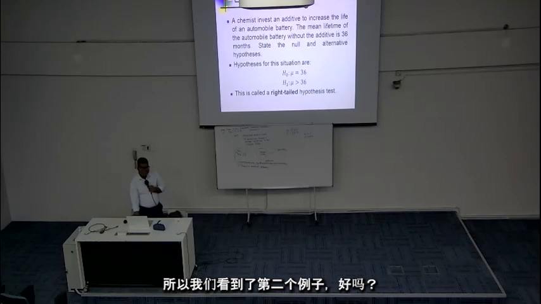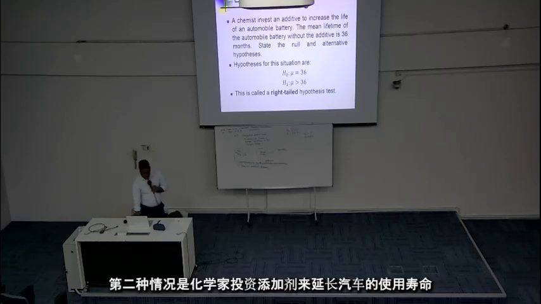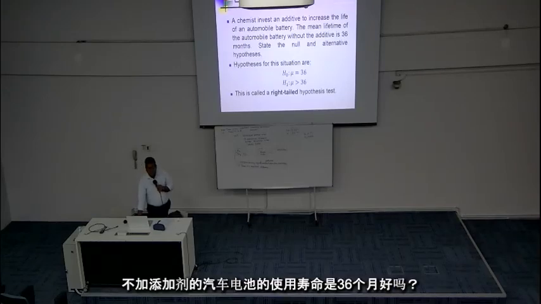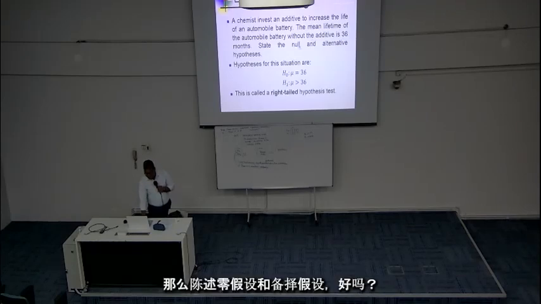Now let's see example number 2. In the second situation, a chemist invents an additive to increase the life of an automobile battery. The mean lifetime of an automobile battery without the additive is 36 months. State the null and alternative hypothesis.